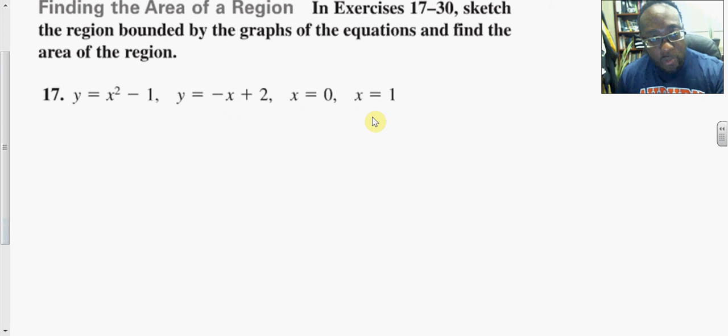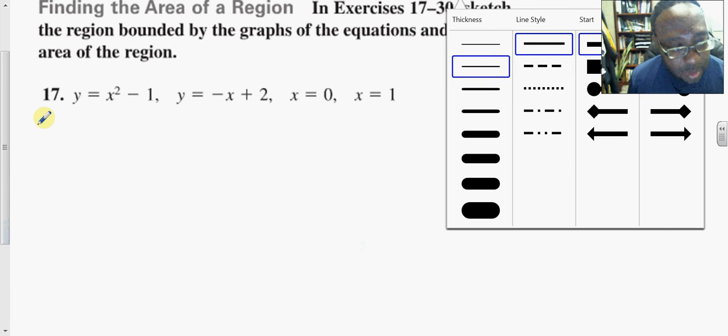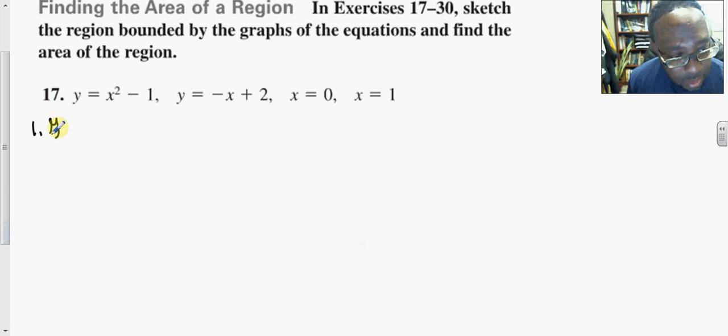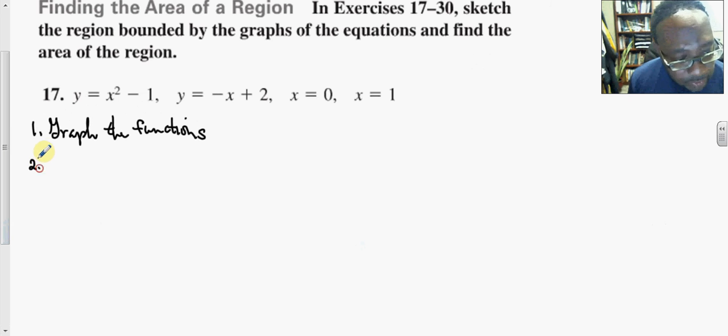So what we want to do is first to be able to graph. So one, first graph the functions.